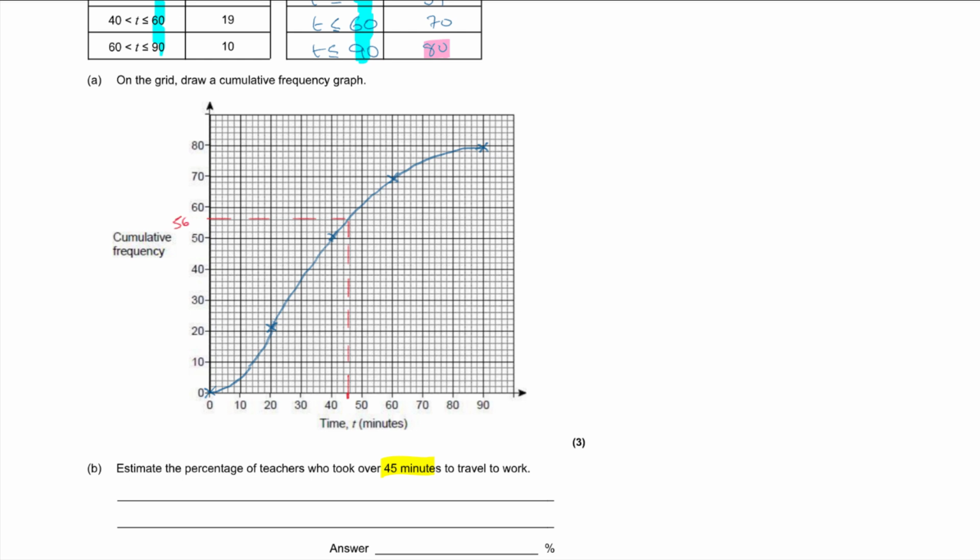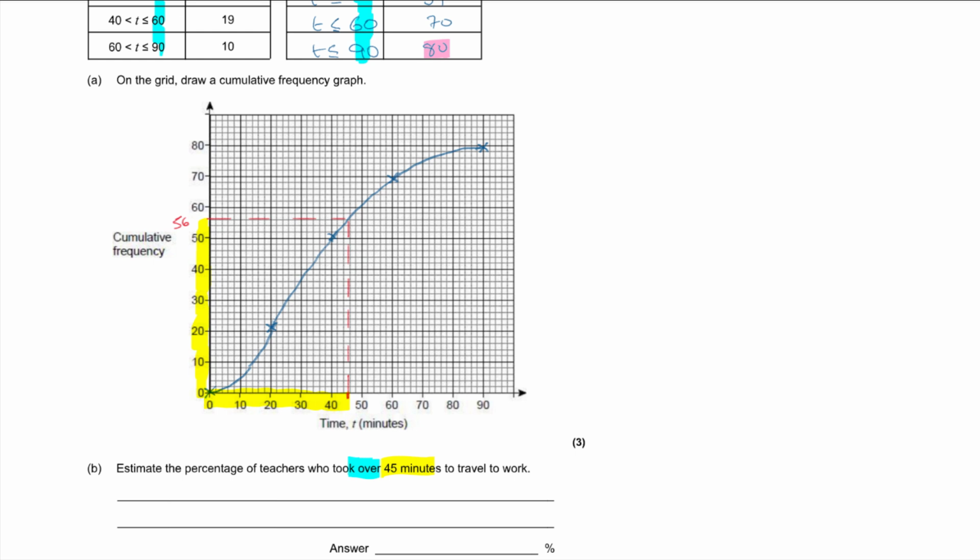Okay. Now, but remember what I was saying earlier. What this graph is telling you is that below 45 there are 56. All these people, all these 56, have got a time of 45 or less. Now we want people who took over 45 minutes.